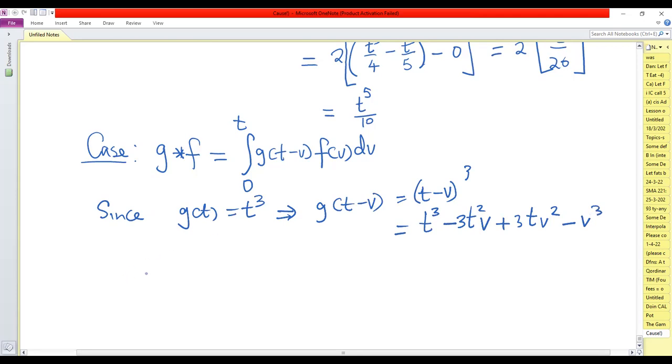And then f of t is given by 2t, which implies f of v will be given by 2v.